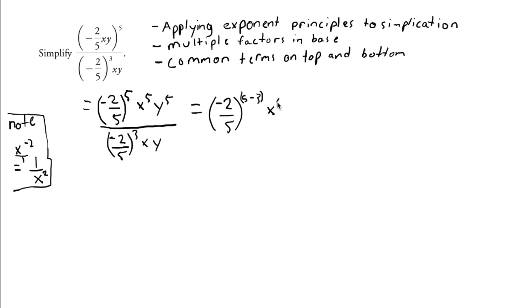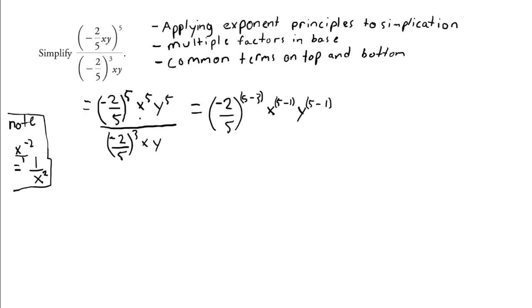So this is going to be 5 minus 1. And then same for y, because it's a 5 at the top and then a 1 at the bottom.